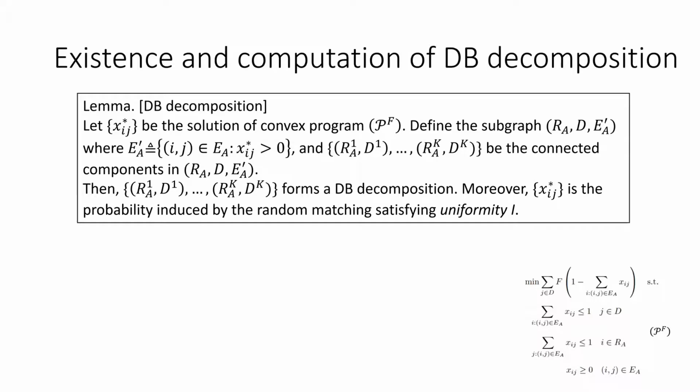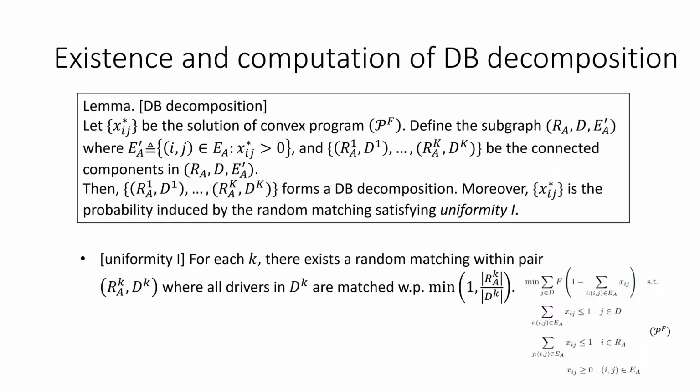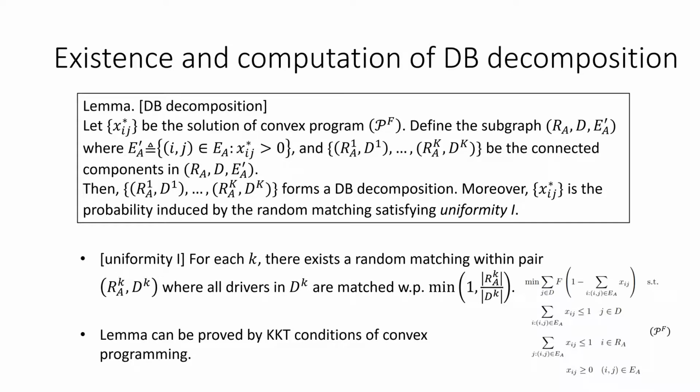Then this technical lemma suggests that this partition will form a DB decomposition. Moreover, this x star will be the probability induced by the random matching, which satisfies uniformity 1. In other words, for each pair in this partition, we can match every driver in this pair with equal probability, and it will correspond to x_ij star. And this lemma can be proved by using the KKT conditions of the convex program.